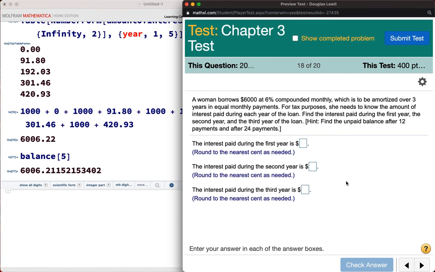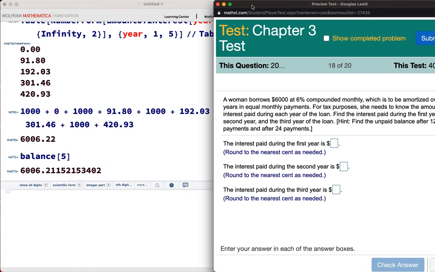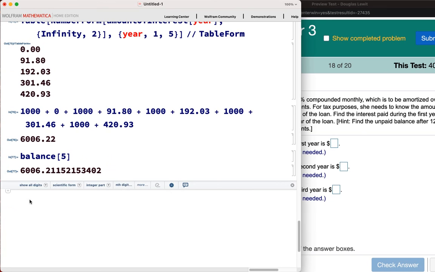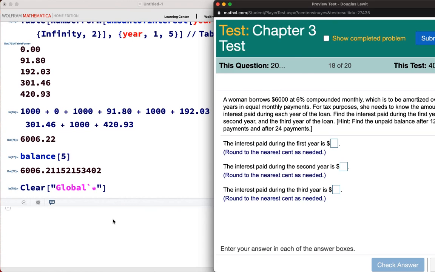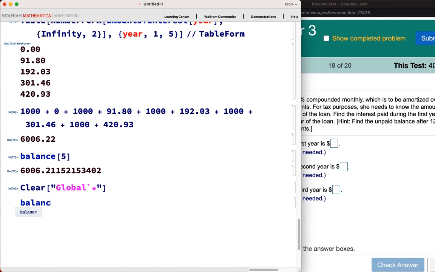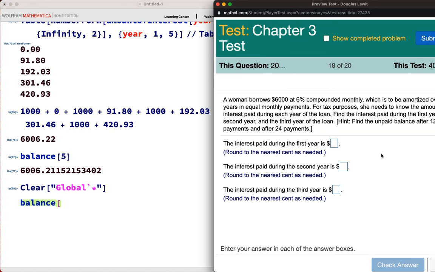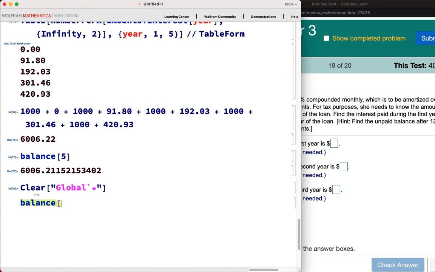So here's what we're going to do. We're going to start over. Clear global, clear all of our recent variables. Balance, and I believe this is monthly. Well, first of all, interest. What is our interest?